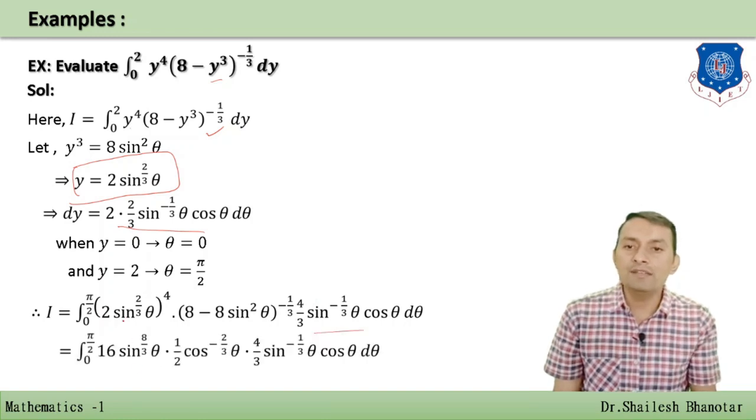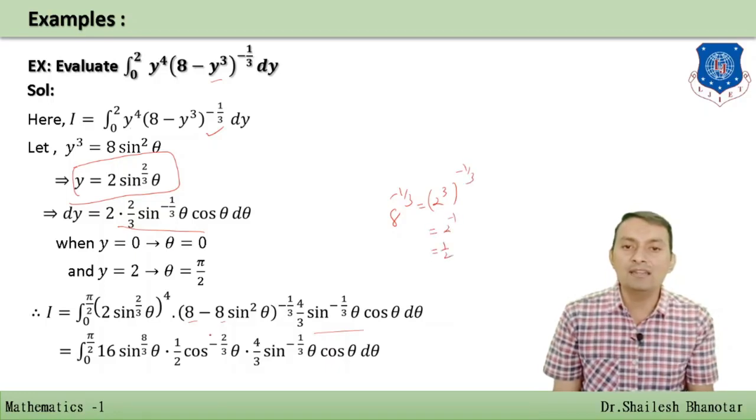But whenever we simplify, 2 raised to 4 will be 16, and sine raised to 8 by 3 theta, and again 8 raised to minus 1 by 3 will be common, because both the terms contain 8. So 8 raised to minus 1 by 3 is nothing but 2 raised to power 3, raised to minus 1 by 3, so I will get 2 raised to minus 1, and that can be written as 1 by 2.